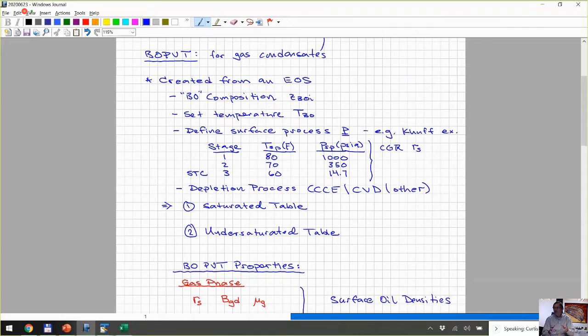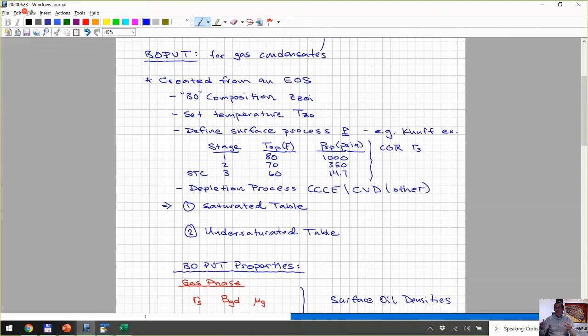So if you've got a 300 barrel per million condensate, you can put in a lot of different 3-stage separators without it having a big effect on it being 300 barrels per million or 320 barrels per million or 275 barrels per million, something like that. But if you go to a lean condensate and you change those separator conditions around, you might have a 40 barrel per million or a 20 barrel per million, or maybe a 52 barrel per million.